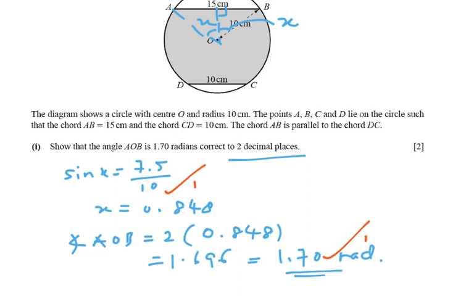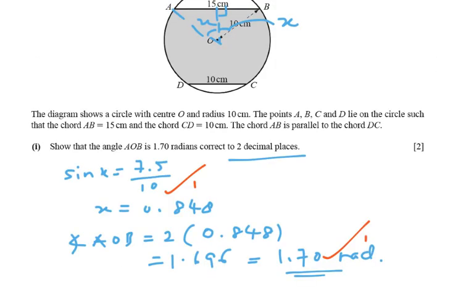Moving on to the next question, you are required to find the perimeter of the shaded region. For the perimeter of the shaded region, first you have to note that there is an angle which is here. You can form a triangle here where this is the radius, which is 10, this is the radius, which is 10.